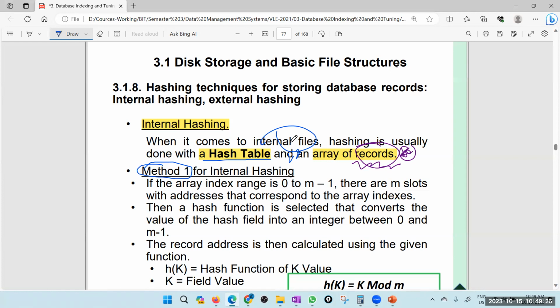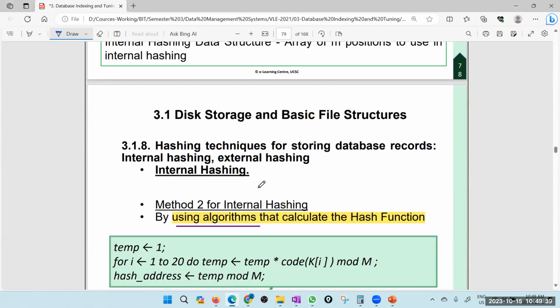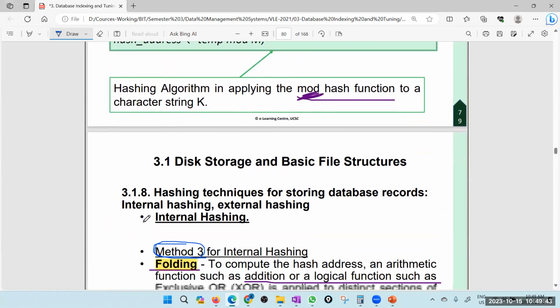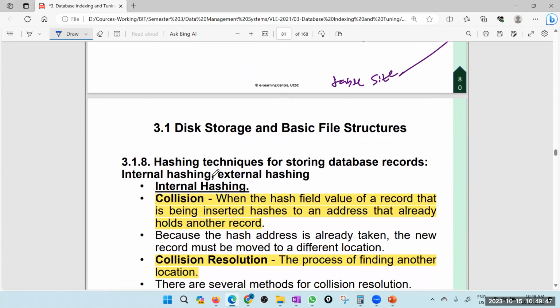Then we call it a hash table. They have given you different methods for hashing, like method 1, method 2, method 3, and so on for internal hashing.